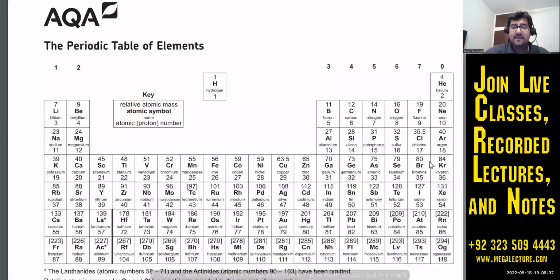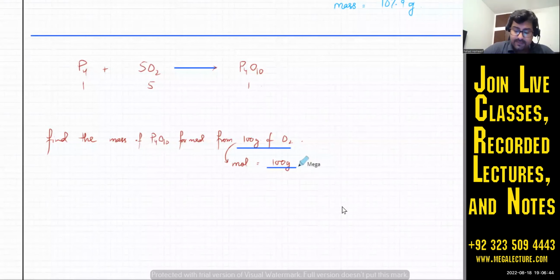O is 16, so O2 is 16 into 2, that's 32. That is 16 times 2, because in an O2 molecule there are 2 oxygens, right? So what's 100 divided by 32? What do I get for this?